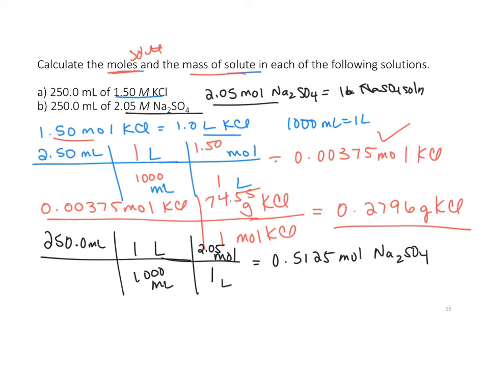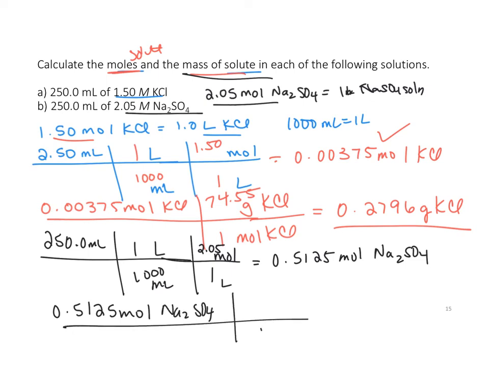And then it says for the mass, so then we just convert the moles to the mass. For 1 mole of sodium sulfate, how many grams of sodium sulfate do we have? We got to look at the molar mass. So we have 2 sodiums, 2 times 23. We have 1 sulfur, which is 32.066.